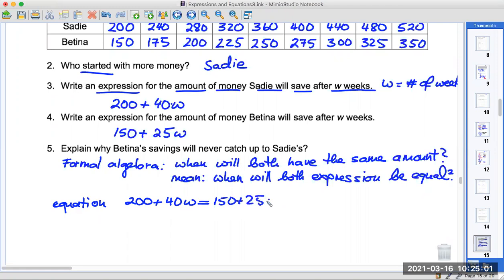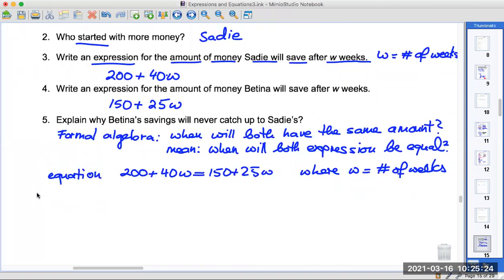And remember, W is the number of weeks. So whatever we get for W would give us the answer when they have saved the same amount. Okay, so let's solve this equation.